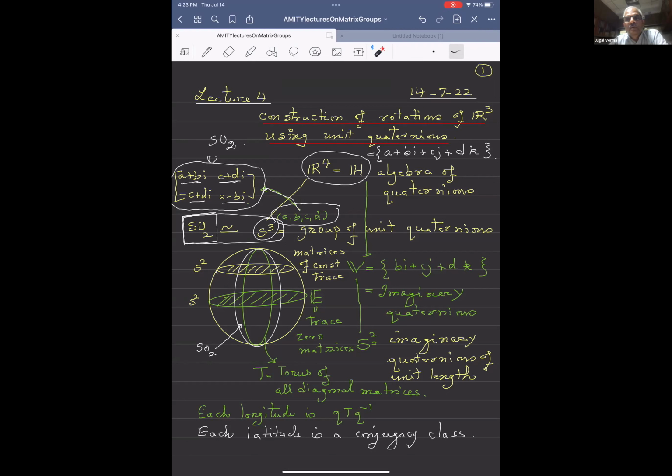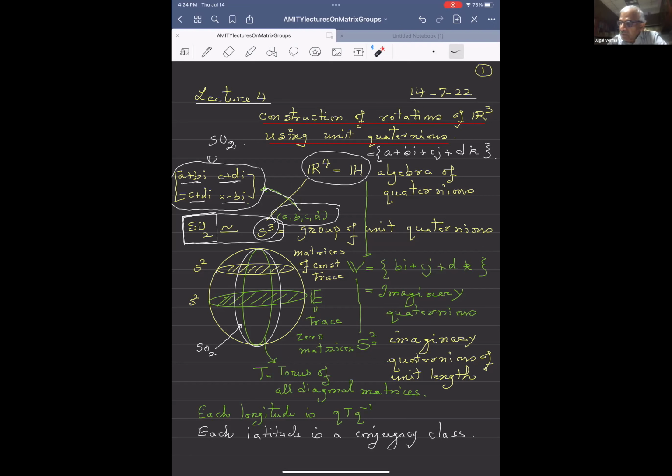Both the screens are visible. No problem.